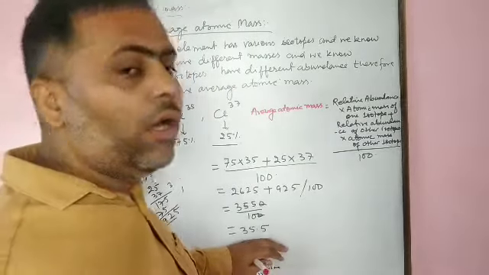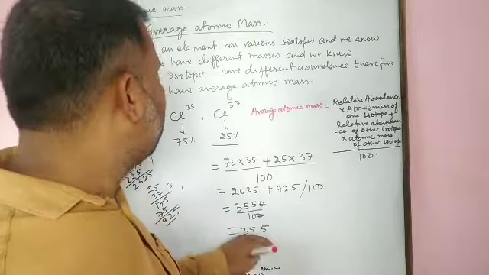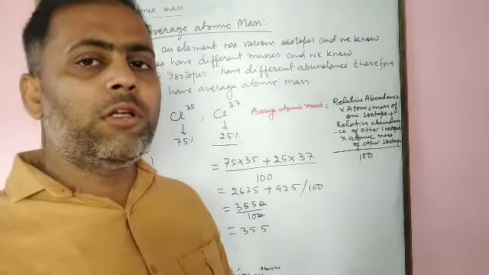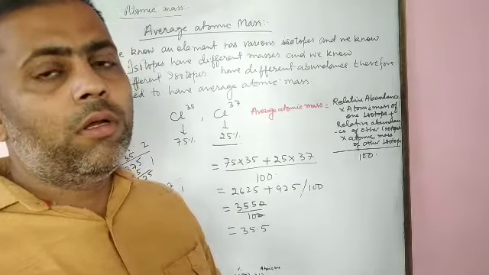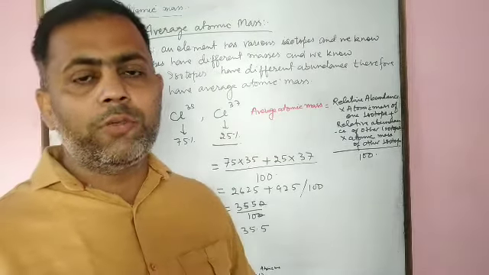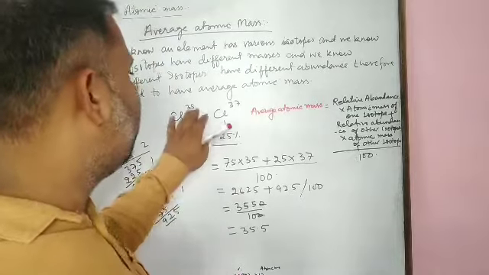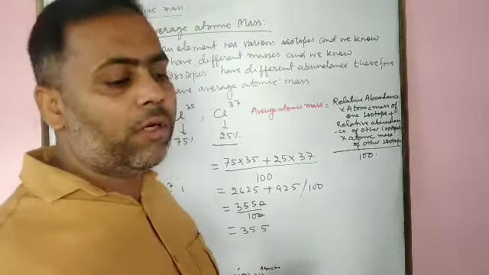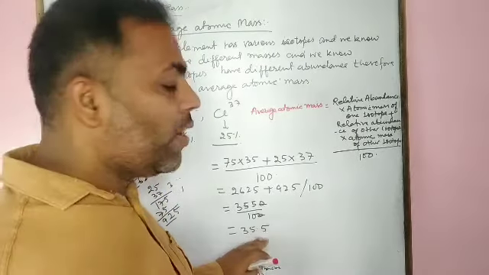This is the way how we can calculate the average atomic mass of chlorine. Why calculate the average atomic mass? Because chlorine has two isotopes. One has the mass 35 and the other has 37. Therefore, we need to calculate the average atomic mass, that is 35.5.